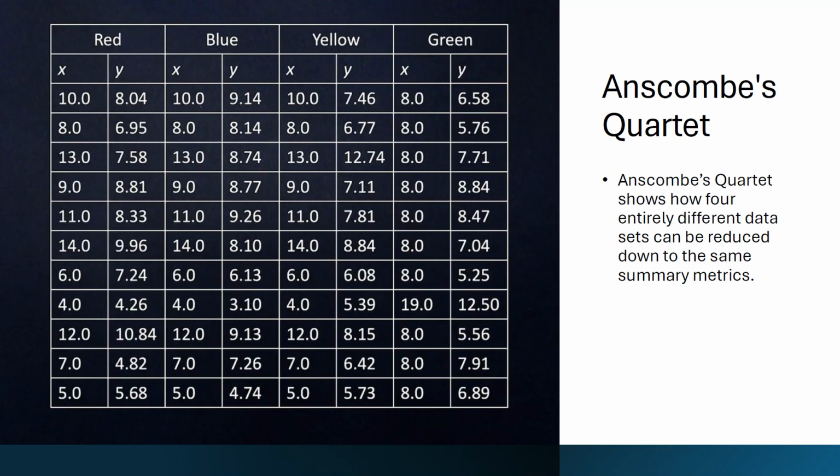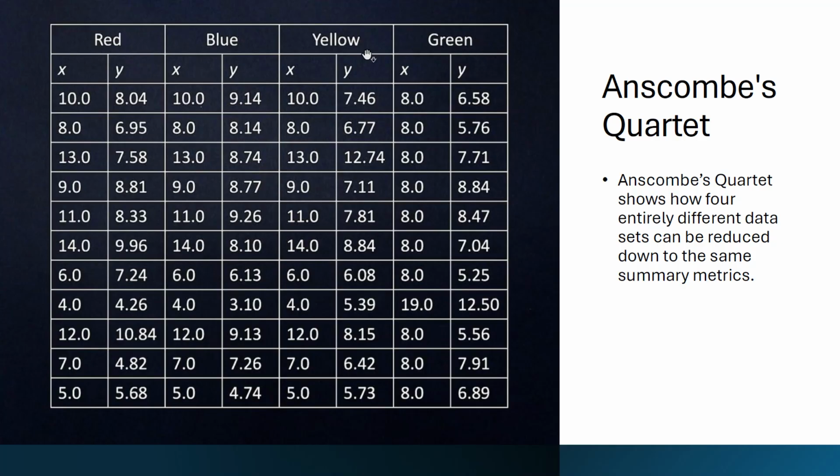If we reduce each of these 4 sets down to the statistical summary, we will notice that the mean of X in all the 4 data sets is 9. Standard deviation or the dispersion is 3.16 in all the 4 data sets.